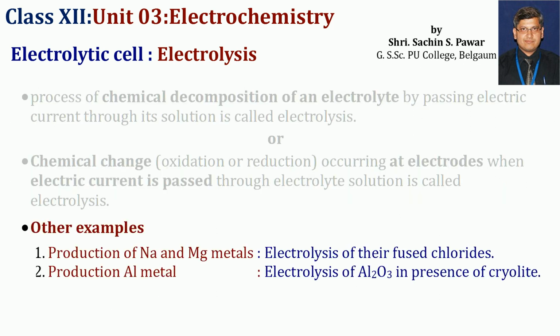Two more examples listed for electrolysis are: one, production of sodium and magnesium metal by electrolysis of fused chlorides, and second, production of aluminum metal by electrolysis of alumina in presence of cryolite. Among these two, the second method you will be learning in Unit 6 of Class 12, that is General Principles and Processes of Isolation of Elements.